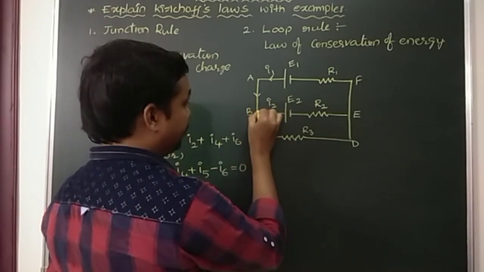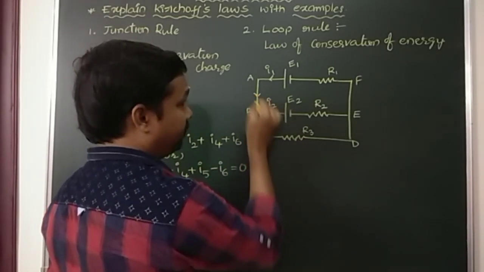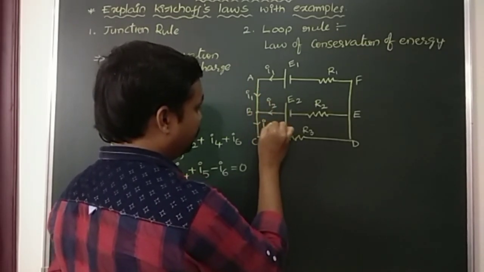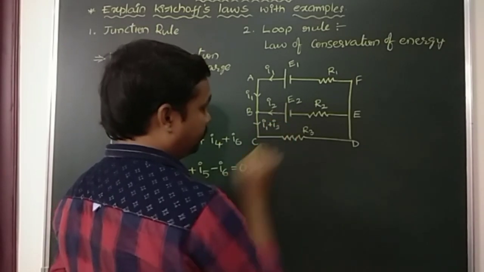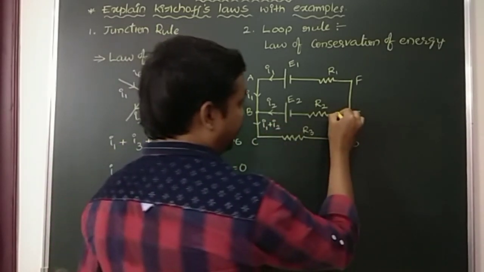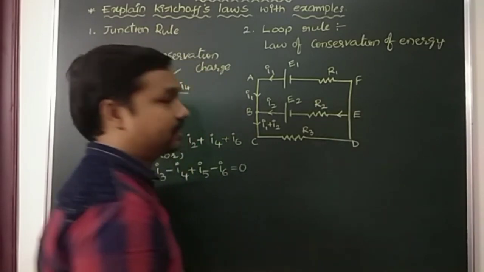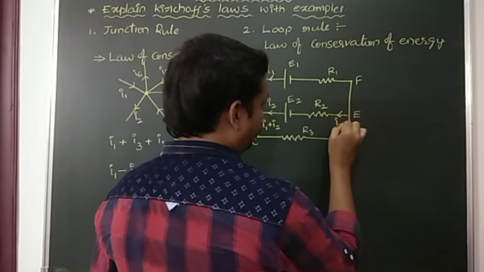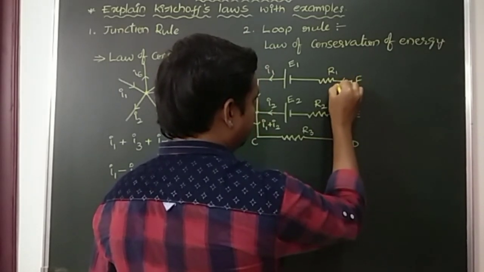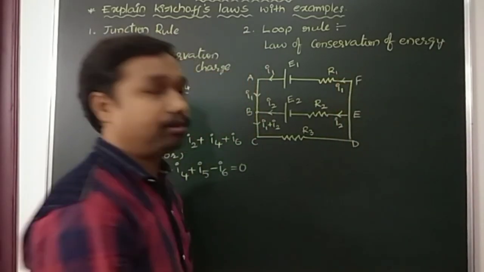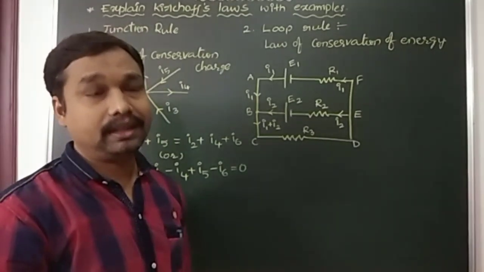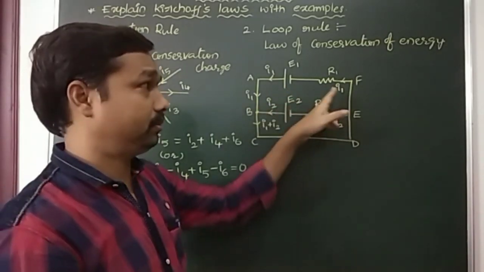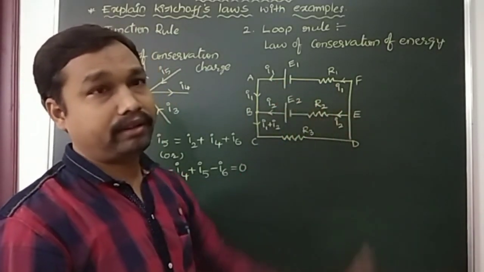This is the junction point, so the sum of the currents going through is I1 plus I2, and the same amount will come back. Here this is I1. The amount of current coming from the positive terminal is the same as the amount that comes back, so at the negative terminal it will be I1 itself.